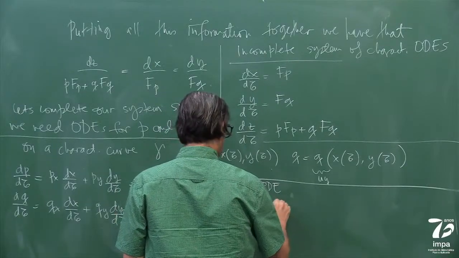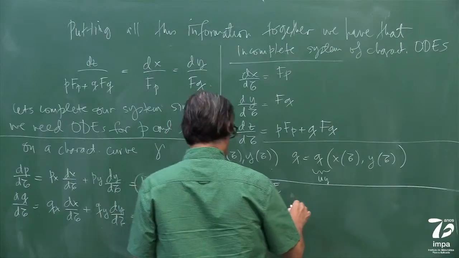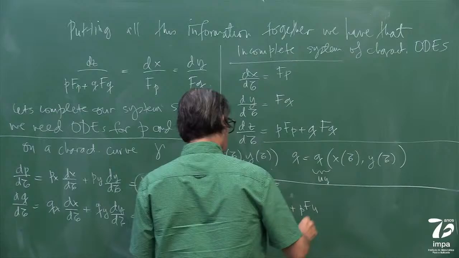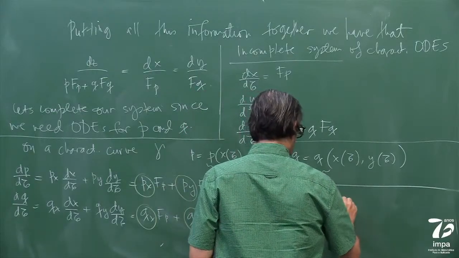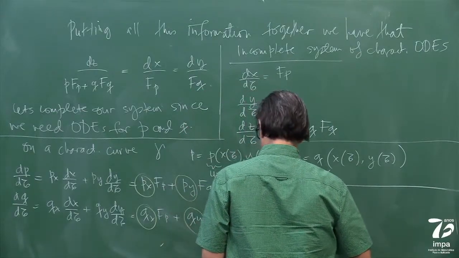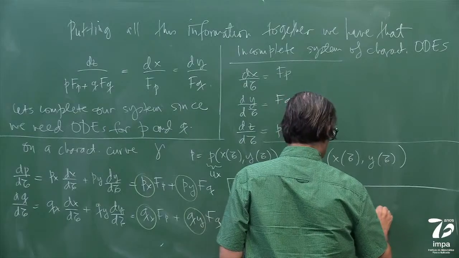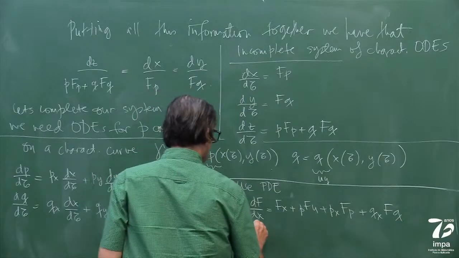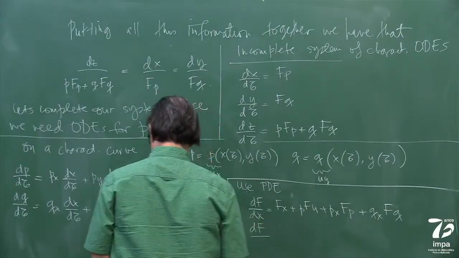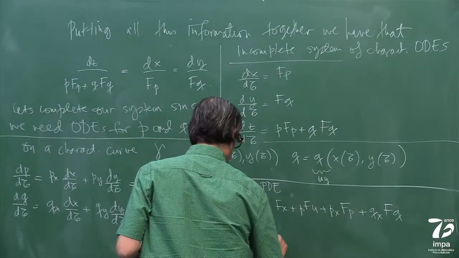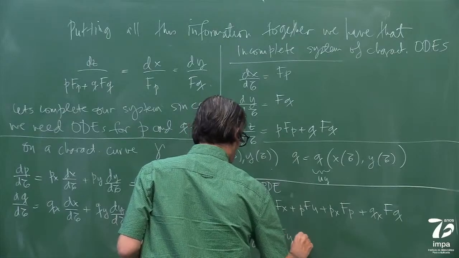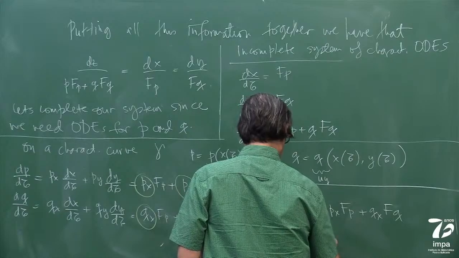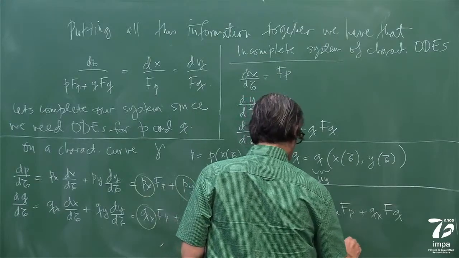df dx is f of x plus p f of u plus f dp plus q of x, x cubed. df dy will be similar, f of y plus q f of u plus q of x.